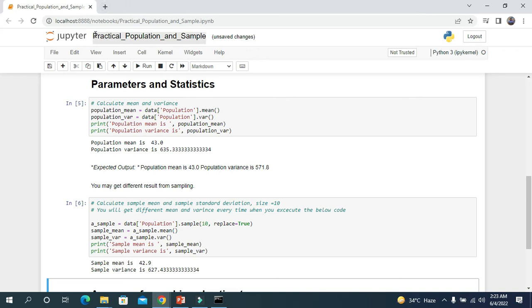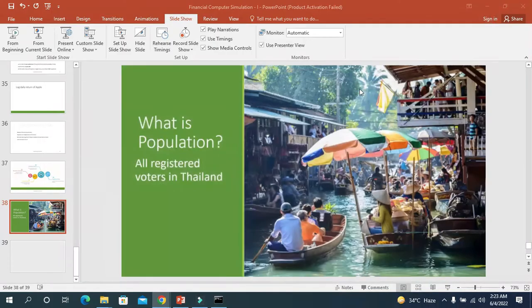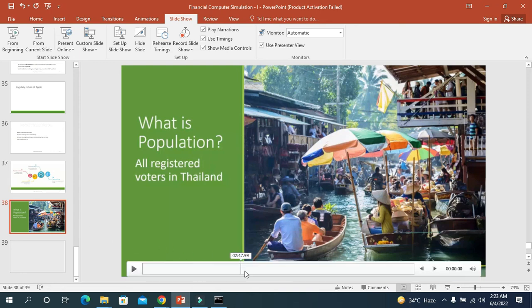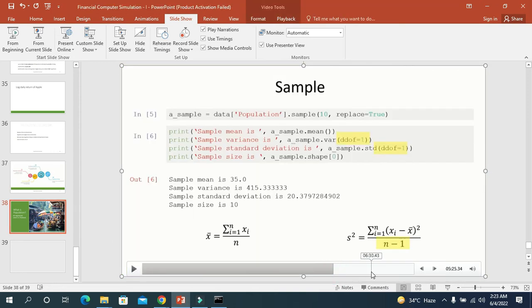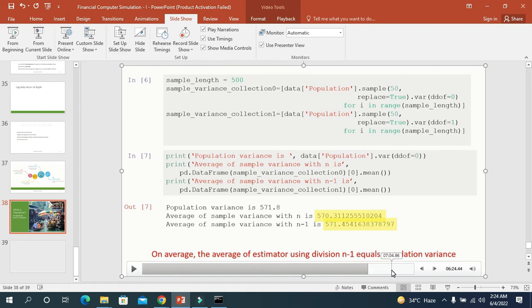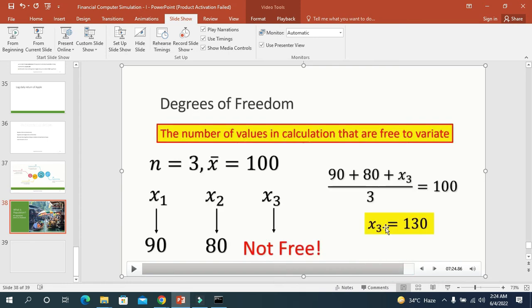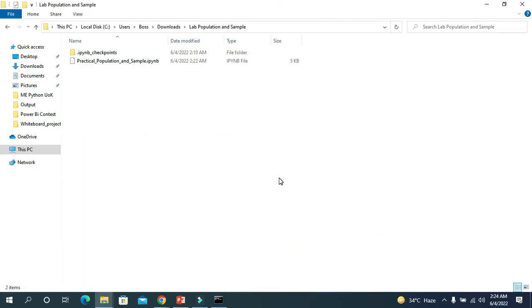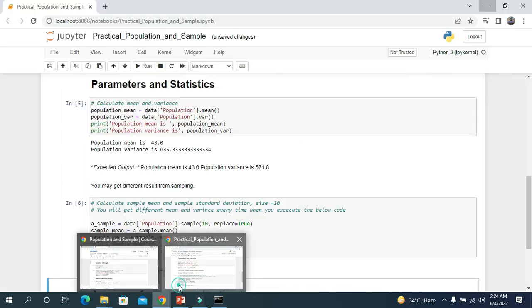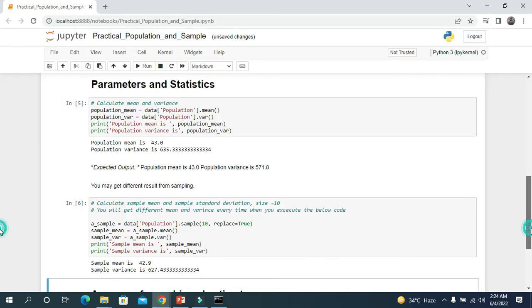The lab name is practical population and sample, and all the things about it have been explained in the video given to you. Okay, so you have to calculate the required parameters for the complete data, and then you have to calculate the parameters for the sample, and you have to see the difference, and you have to know what DOF is used in this practical, and what is the difference between using DOF equal to 1 or DOF equal to 0.